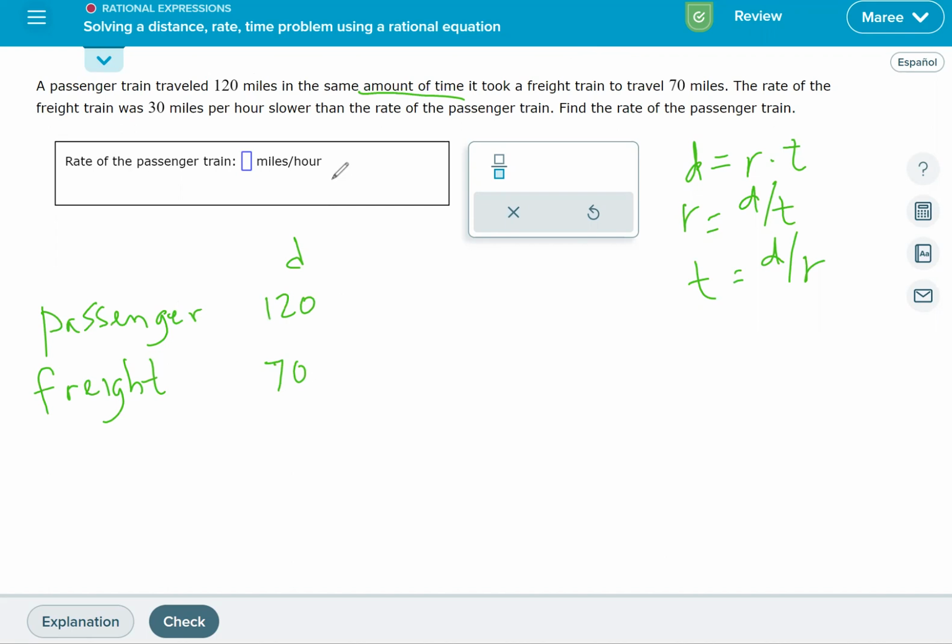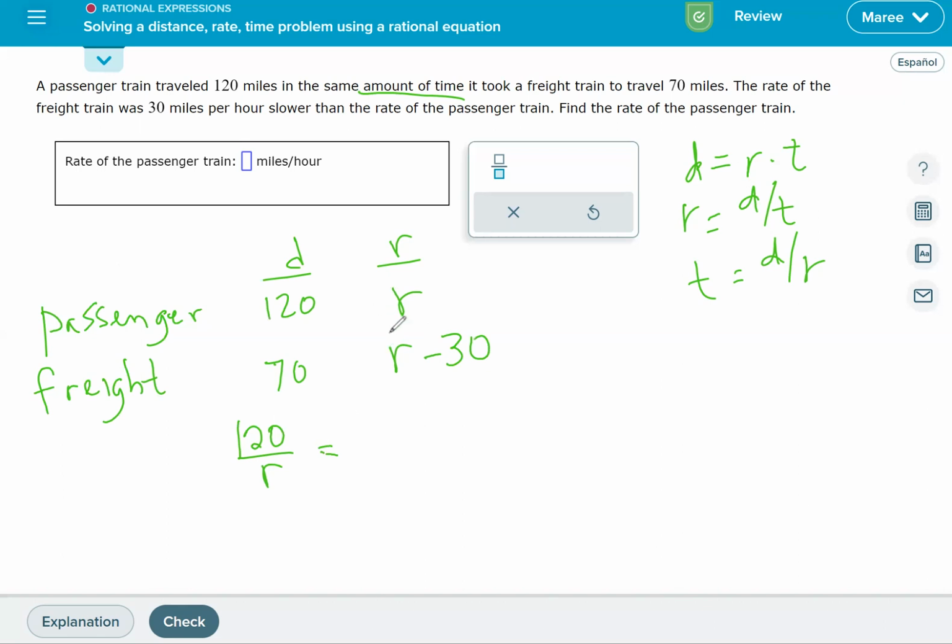So let's call the rate of the passenger train r, because that just makes sense. The freight train's going 30 miles per hour slower, so we need to subtract 30 from the rate of the passenger train. That would be the rate of the freight train. So distance divided by rate for the passenger train is 120 divided by r.